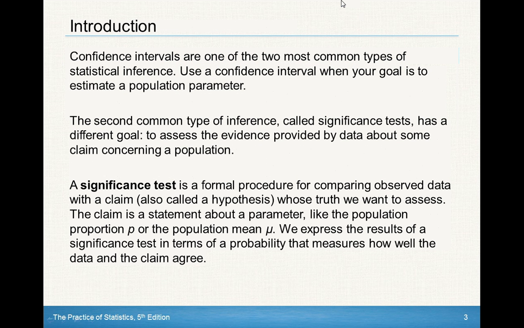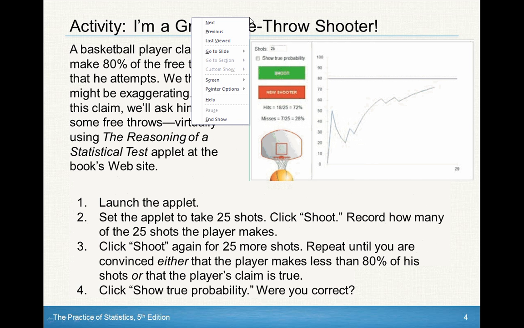Let's look at this. Confidence intervals are one way of looking at data. Another method used in statistical inference is called a significance test. In a confidence interval, I'm trying to estimate the parameter. I'm going to end up fairly confident, 95% confident perhaps, that the true parameter is in the confidence interval that I create.